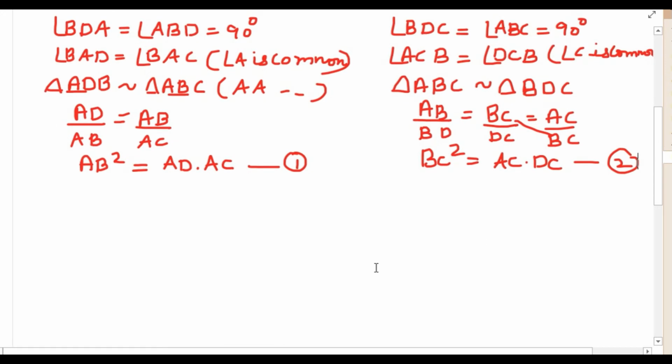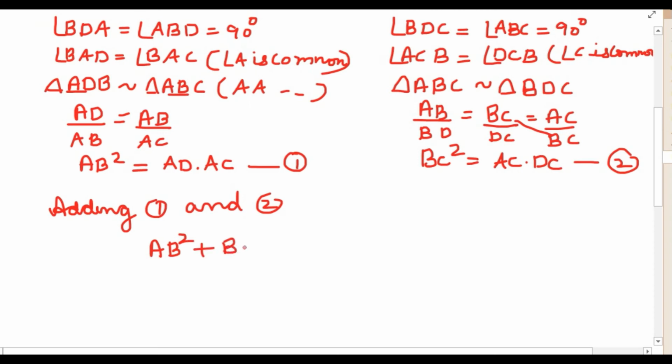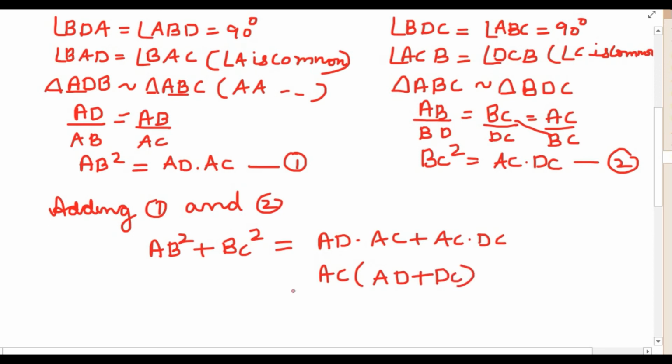Now what I am going to do is, I am going to add the first equation and the second equation. So adding 1 and 2, I can have AB square plus BC square is equal to AD into AC plus AC into DC. Since AC is common, I can take AC outside, AC into AD plus DC. So this is equal to AB square plus BC square.